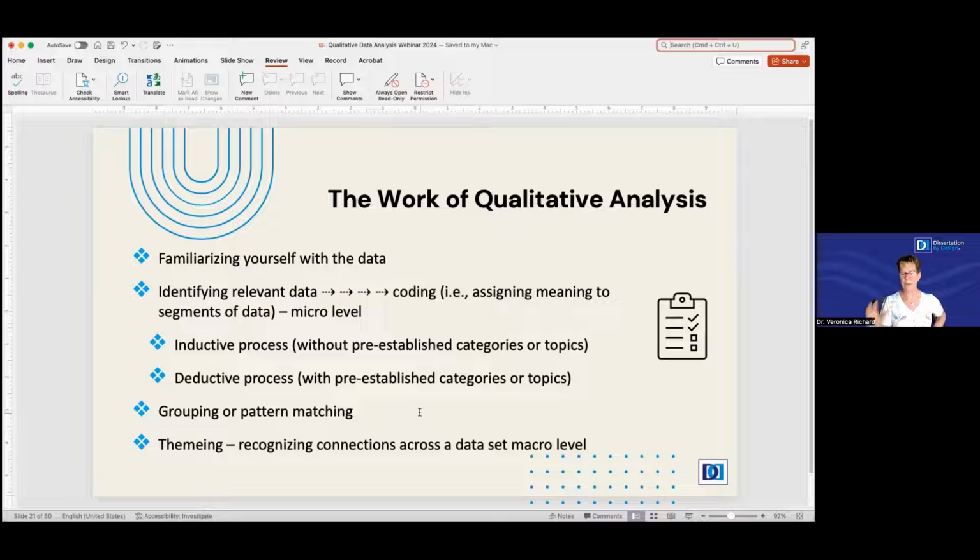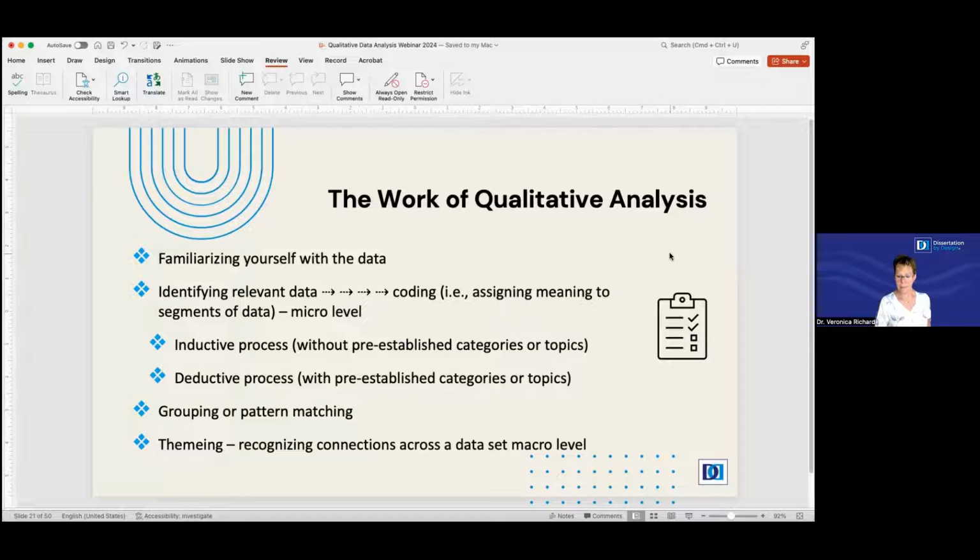It just comes out a little different. And then our last step, if you will, in a general process is theming, where we're recognizing connections across the data or across the groups. That aspect tends to be ever shifting in qualitative research, with people pushing boundaries on that idea of themes. We'll leave that there for now.